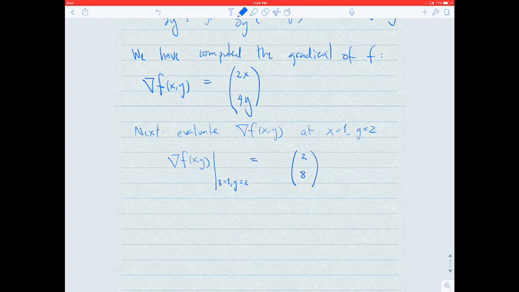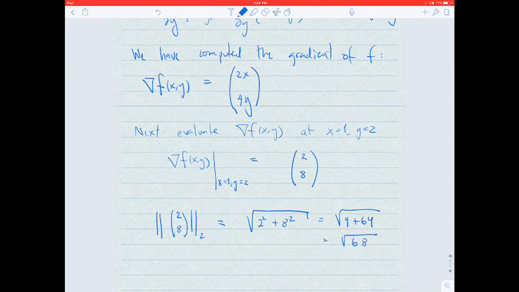And now we just need to compute the Euclidean norm of this vector 2, 8. I'm just using the formula. This is the square root of 2 squared plus 8 squared, which is the square root of 4 plus 64, or the square root of 68.